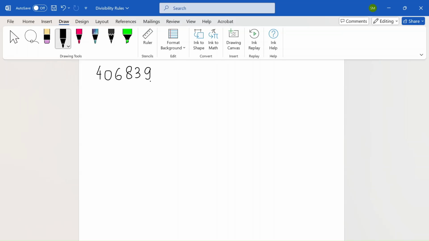So let us mark the digits. This is at first place, second place, third place, fourth place, fifth place, and sixth place. So which are the odd digits? 9, 8, and 0. So what we will do?